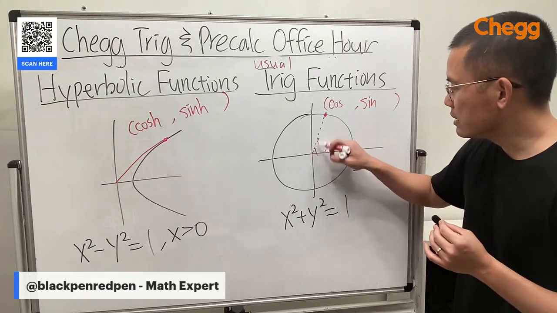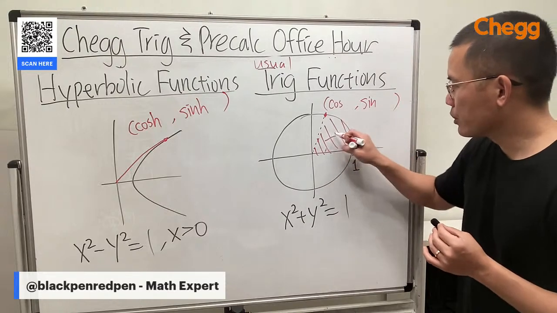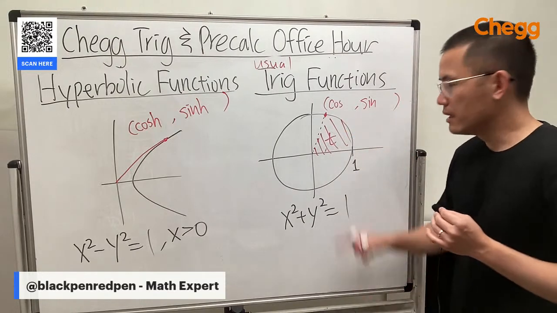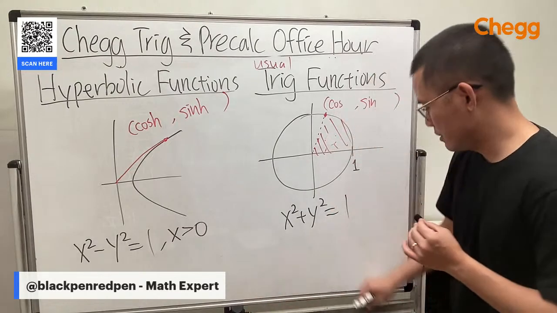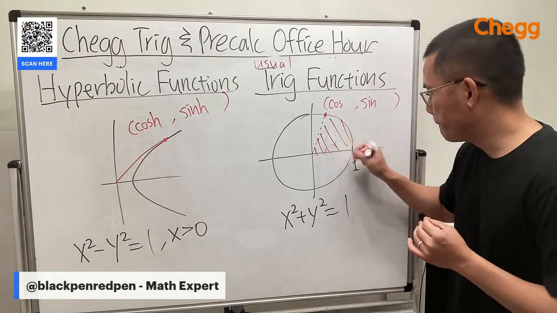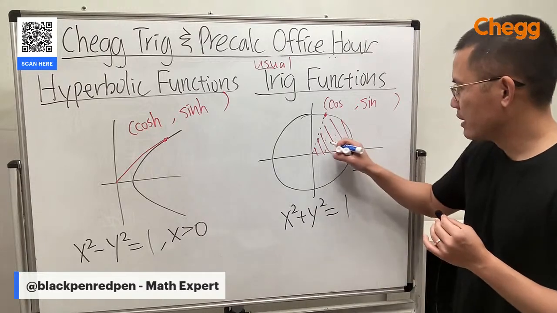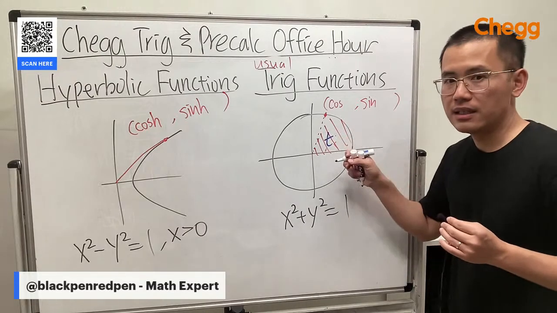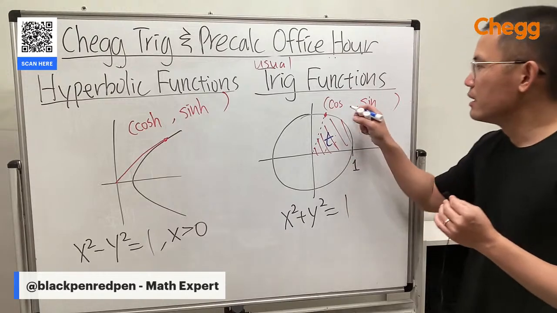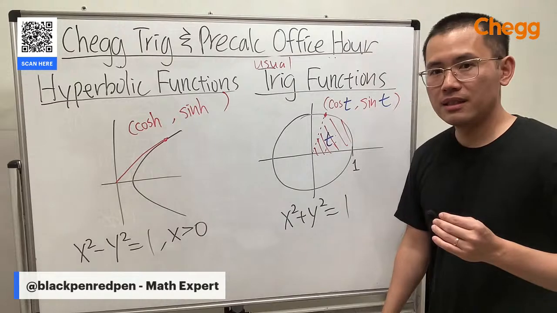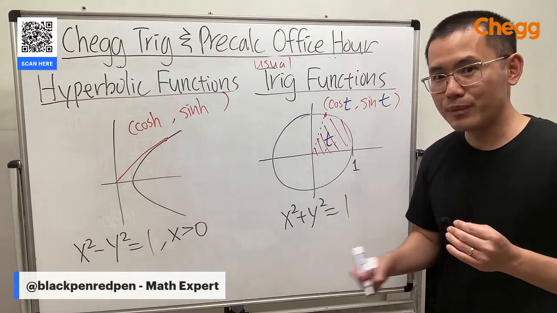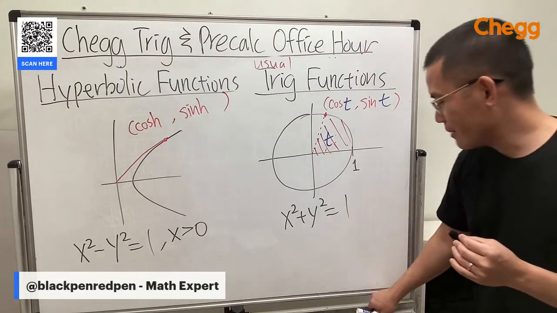I'm going to consider this amount of area and call that t. I'm going to make this blue to make it stand out. This is the area, t. Guess what? Cos t, sine t. Well, almost. I'm going to show you guys.